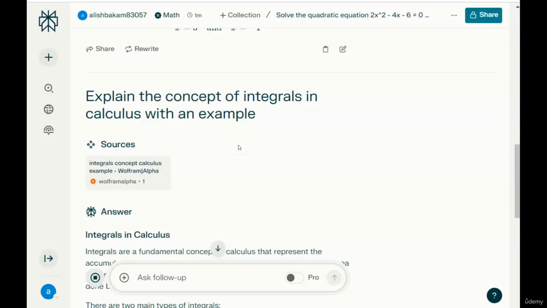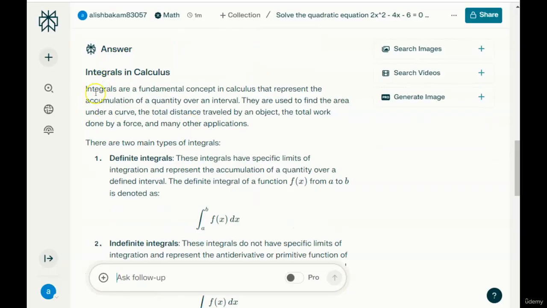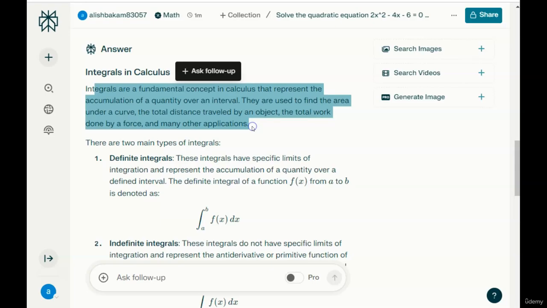Perplexity AI will provide a clear explanation and illustrative example. So it says, integrals are a fundamental concept in calculus that represent the accumulation of a quantity over an interval. They are used to find the area under a curve, the total distance traveled by an object, the total work done by a force, and many other applications.